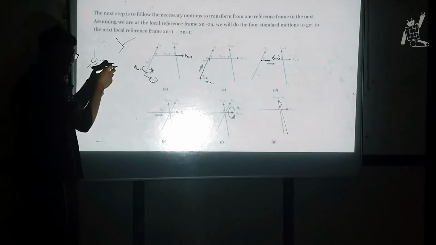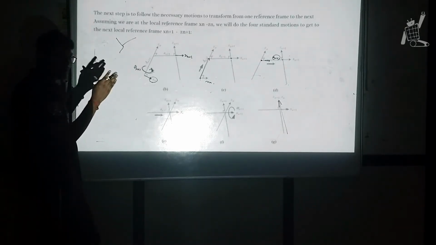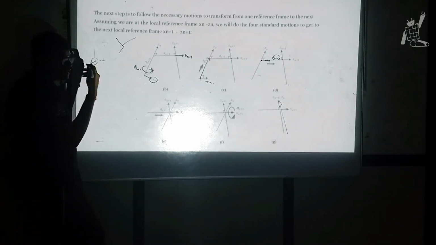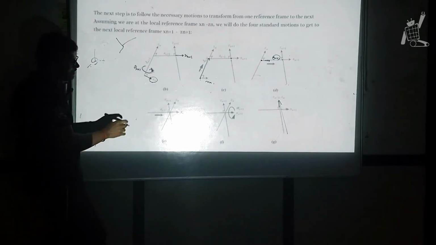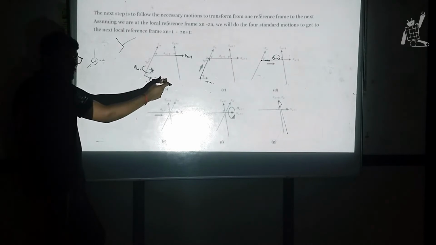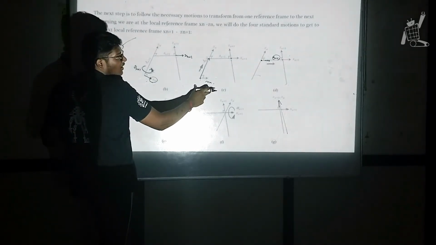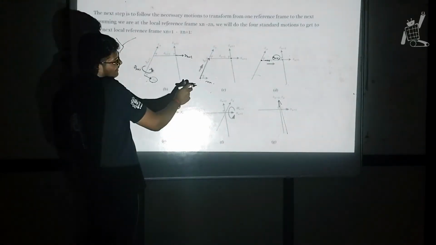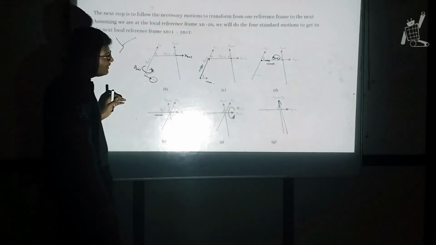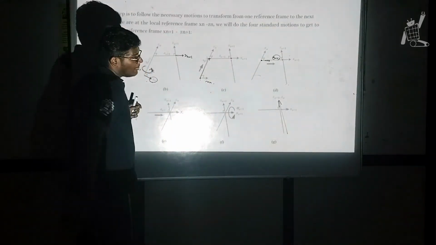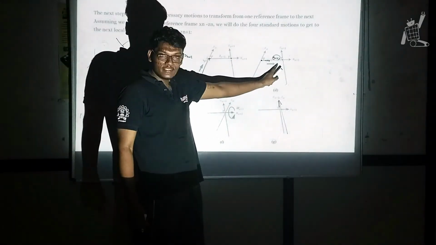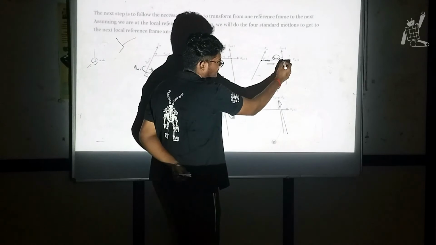In order to do that, there are only 4 parameters according to DH. First is rotating by theta about the z axis such that the x axis will become parallel. Then translation along this axis, dn plus 1, so that it will reach here. After that, you need to move an plus 1 along the x axis to reach here.